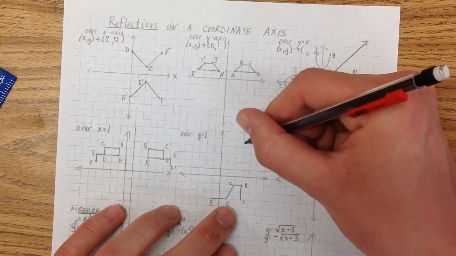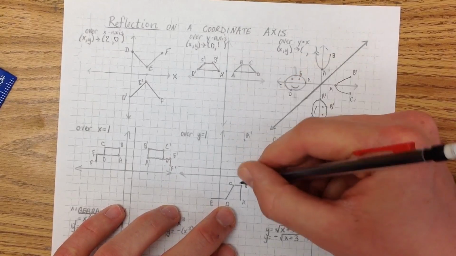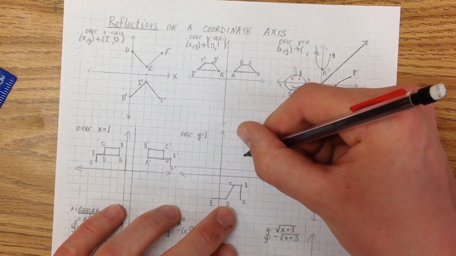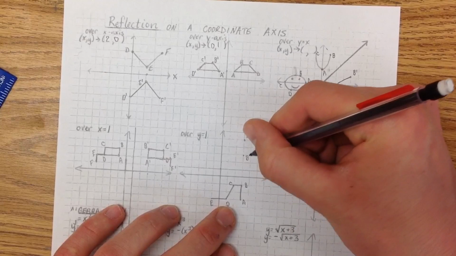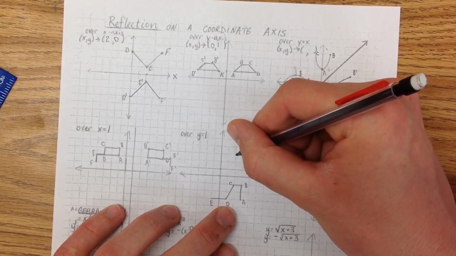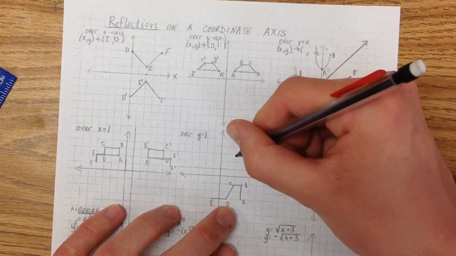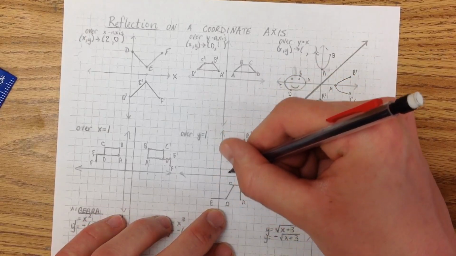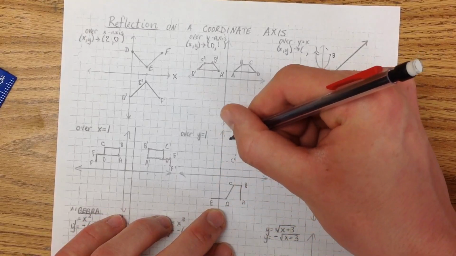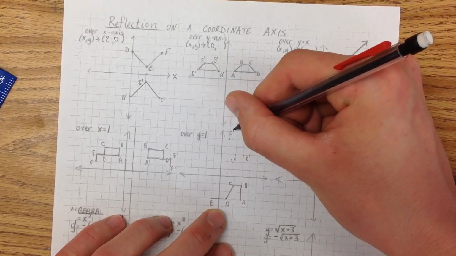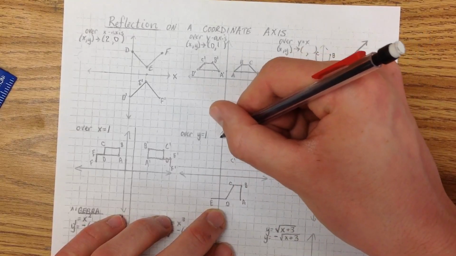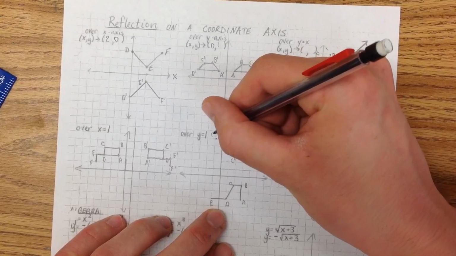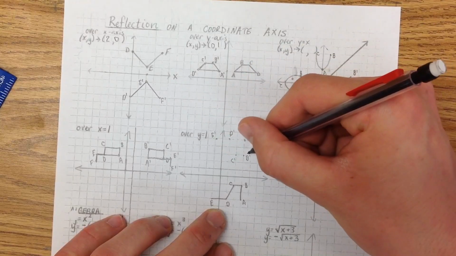B is only 2 away. C is also 2 away. D is 1, 2, 3, 4 away. And then E is going to be 2 over.